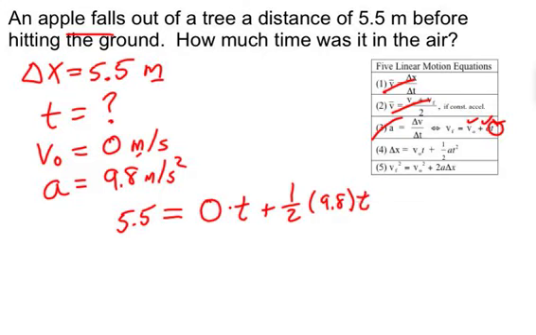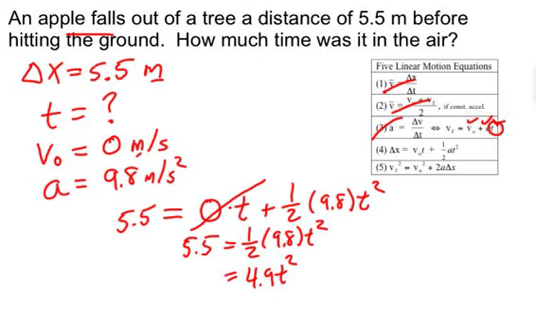And just to make this easier, 0 times t goes away. So I have 5.5 equals 1/2 times 9.8 t squared. It's a lot easier to deal with this if we just combine numbers as much as possible. So 1/2 times 9.8 is really 4.9 t squared.